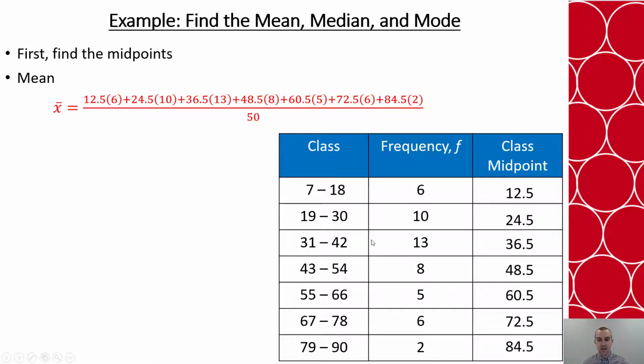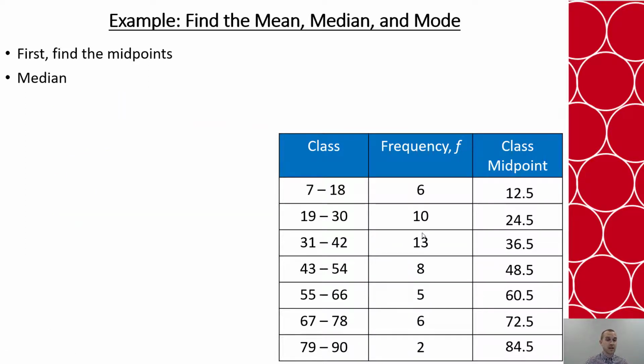And I could double check that by adding up all my frequencies here, but it stated that in the first problem. So that gives me a total of 2,089. When divided by 50, that gives me 41 7/800ths, which makes sense because it's somewhere in this class. And if you look, most of the data is right there between 19 to 30 and 31 to 42.